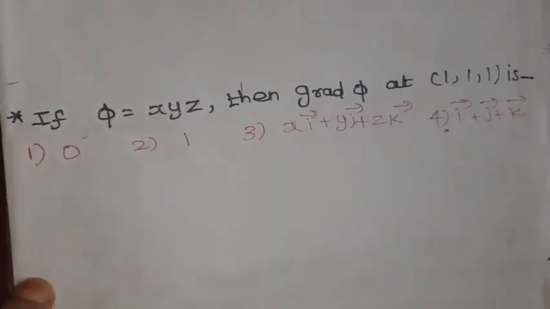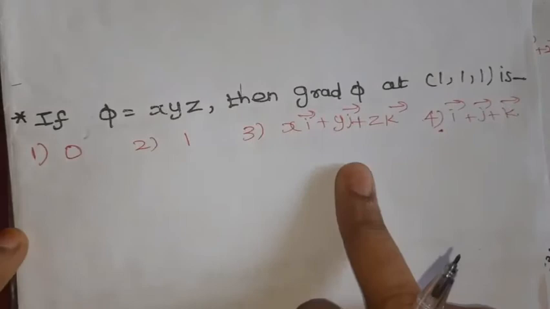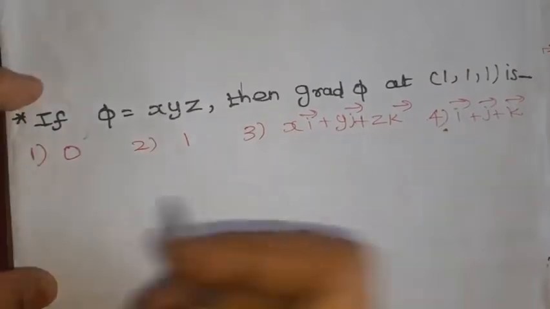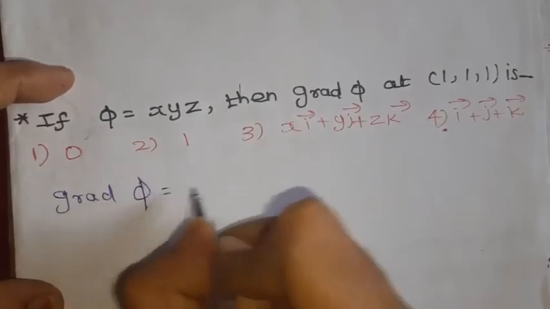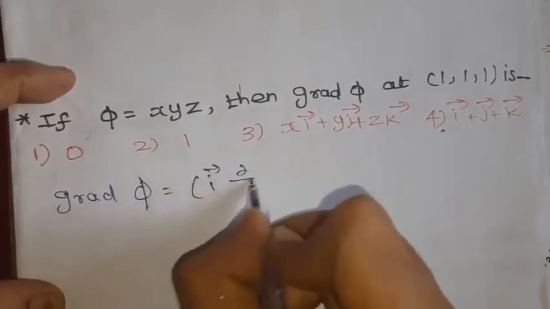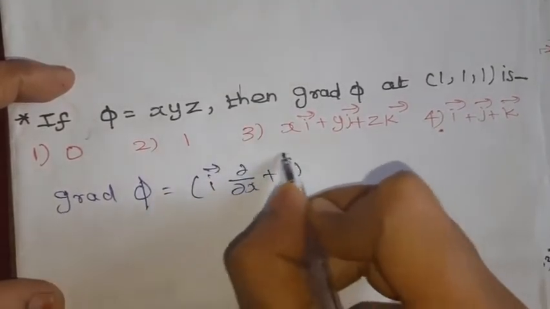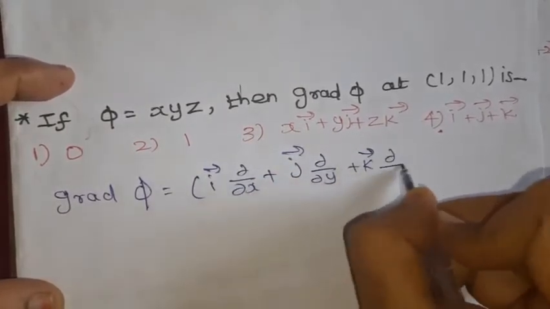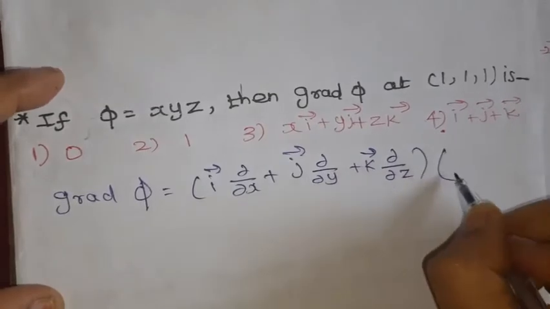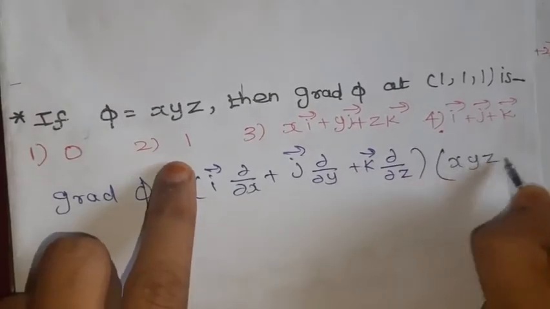Then the phi value is given, and grad phi is the same as in the above problem. So the points are given. Grad phi is equal to i into dou by dou x plus j into dou by dou y plus k into dou by dou z, of xyz.